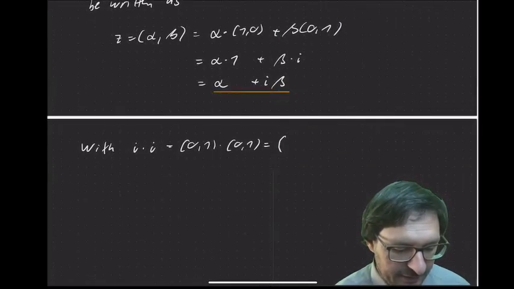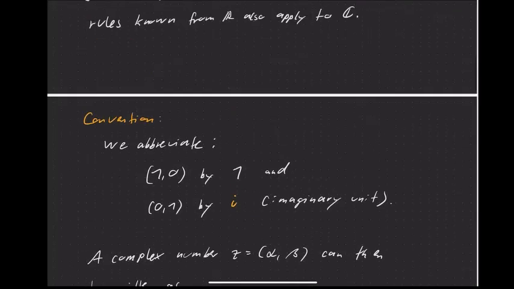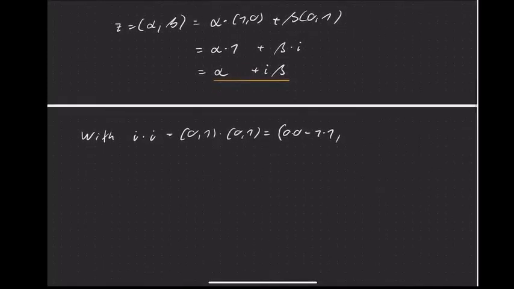So what we get here is, well, the first is 0, so it's 0 times 0, minus, and the second is 1, so 1 times 1. That's the real part. And for the imaginary part, we get alpha delta plus beta gamma. So this is the mix, right? So we take the first component of the first number multiplied by the second component of the second number, and vice versa. So in this case, that'll give us 0 times 1 plus 1 times 0. So that's (-1, 0), or just minus 1.